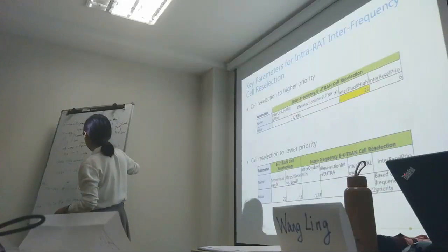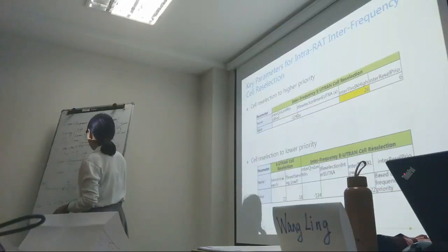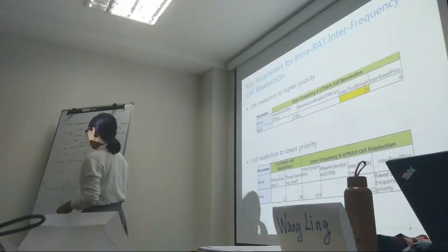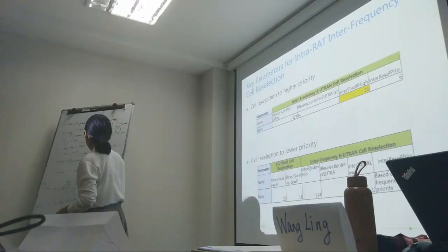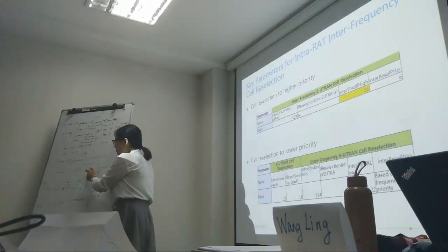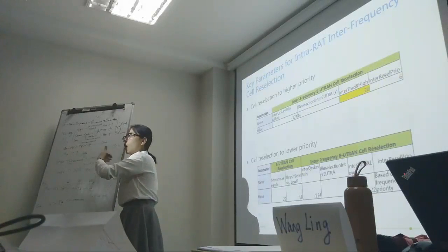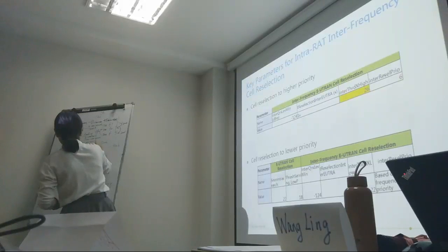It should be greater than 26. So this value should be greater than minus 124 plus 26. Yes. So it gets minus 98. So if the neighboring cell is greater than minus 98, I will go to it. So actually this value is minus 98.